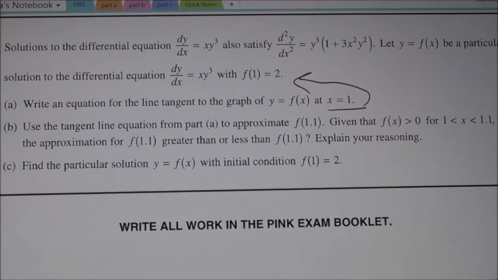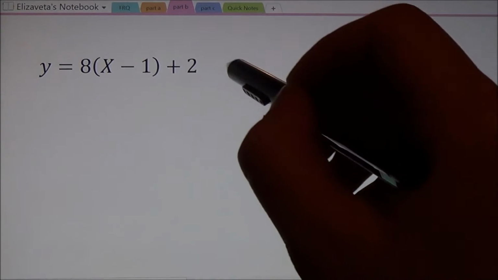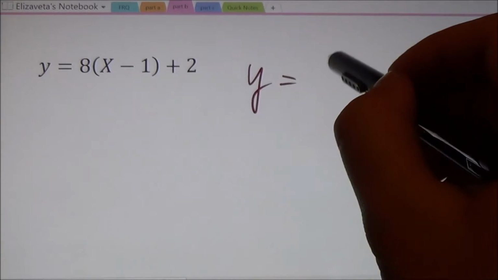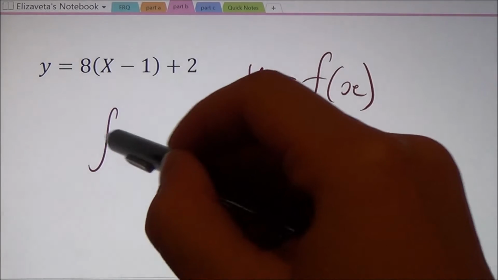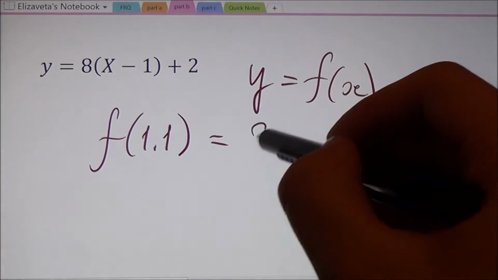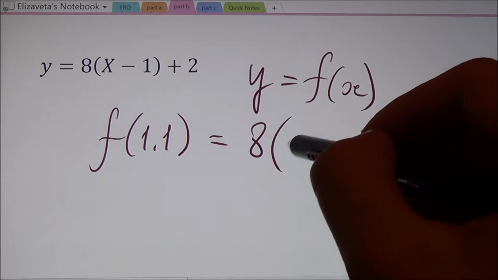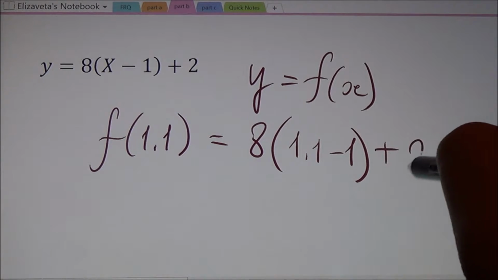So let's deal with the first part: use the tangent line equation from part A to approximate f(1.1). The equation that we've got was y = 8(x − 1) + 2, and we know that y is the same as f(x). We need to approximate f(1.1), so we just plug it into the x: 8 times (1.1 − 1), all in parentheses, plus 2.